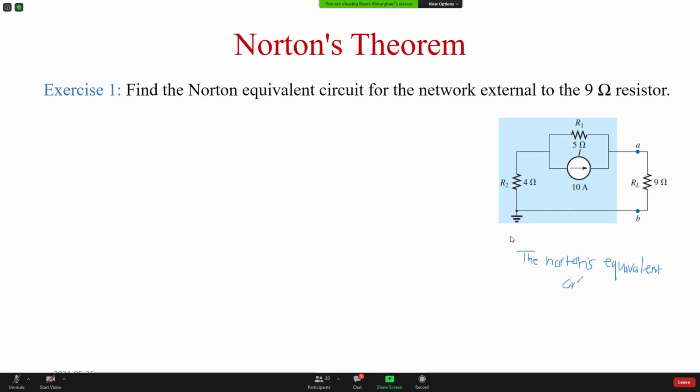Now this is a DC circuit, so I'm going to have a DC current source, I_N, and in parallel, the current source is in parallel with its own internal R_N.